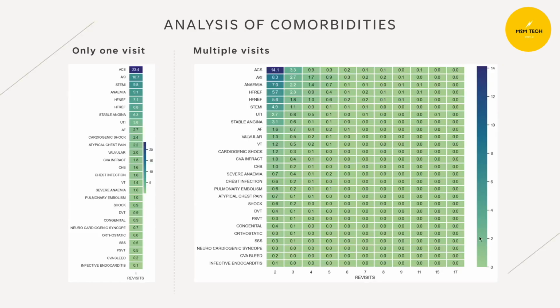And why do I think that this is interesting to look at? It's because these are potentially the variables that are going to be used for a model that predicts the probability of a patient coming back for a new visit.